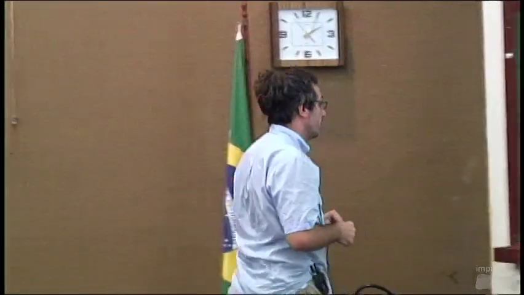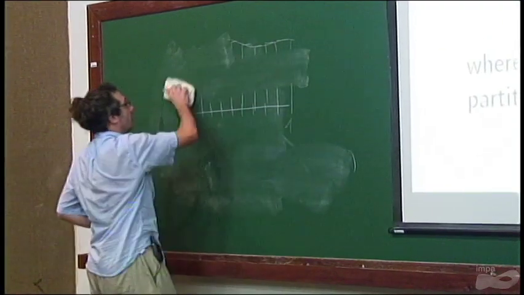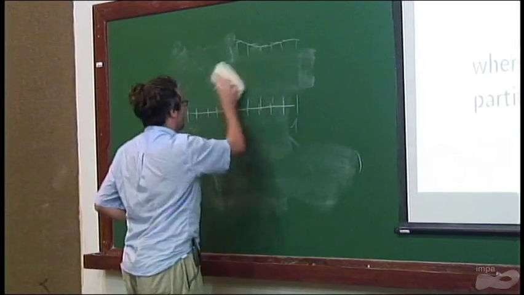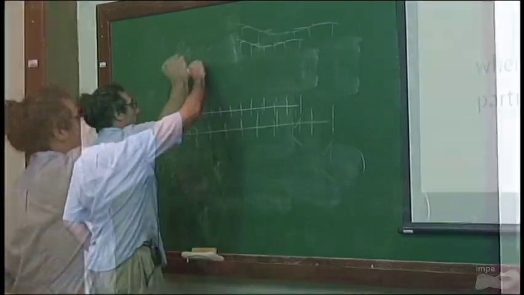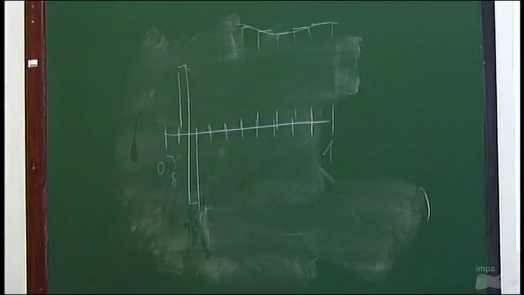You can think about the kernel of the Ulam discretization: it consists of functions of this type, which have average zero on each element of the partition.